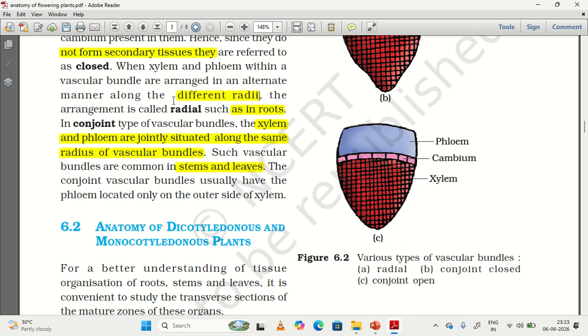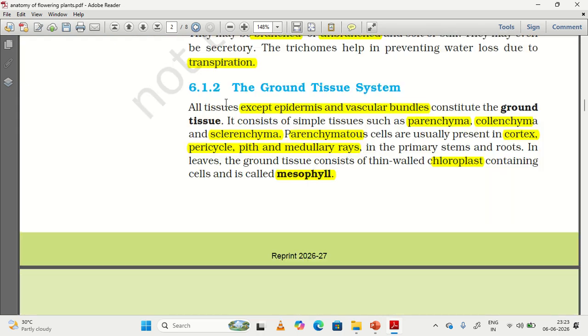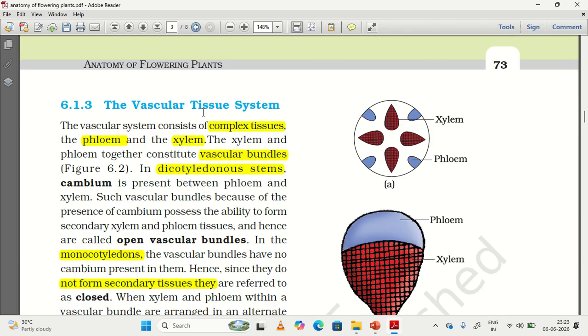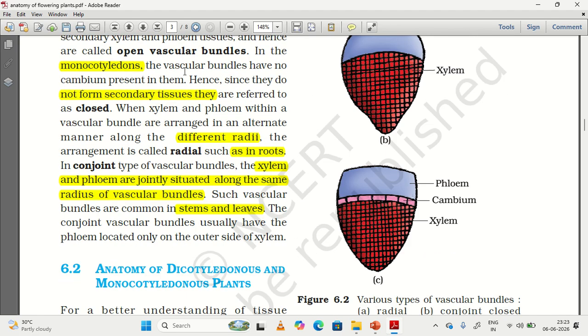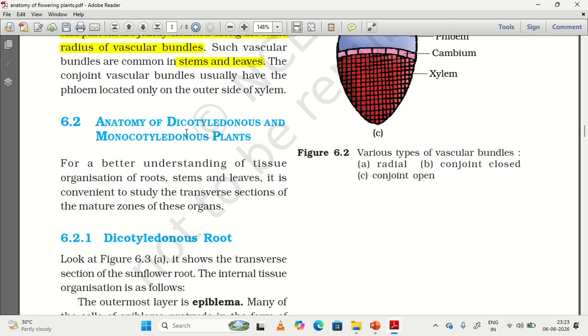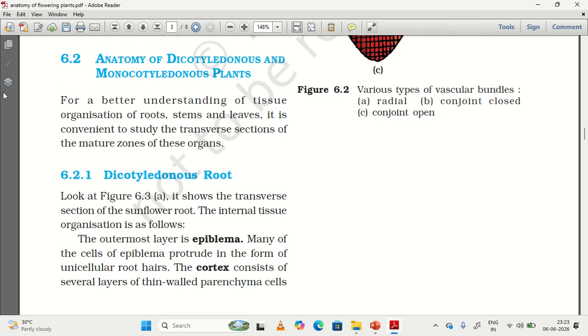Okay, we have read about the epidermal tissue system, ground tissue system, and vascular tissue system. Here you need to remember the types of vascular bundles along with their examples. Next, we have the anatomy of dicot and monocot plants.